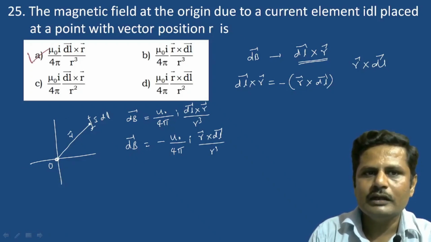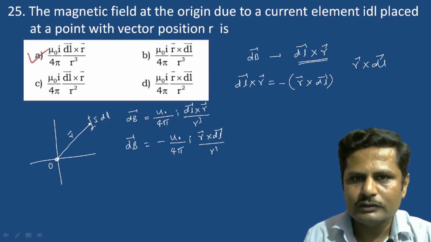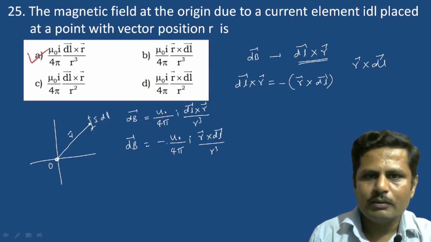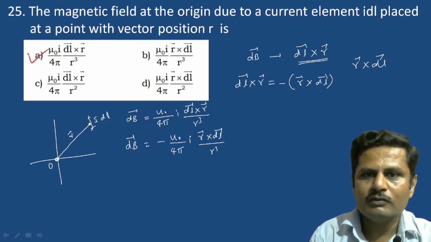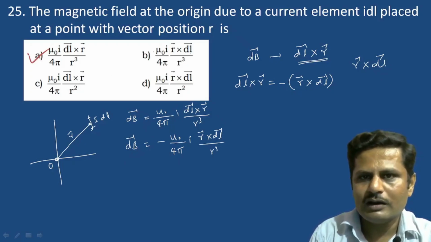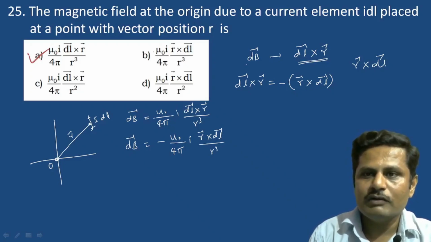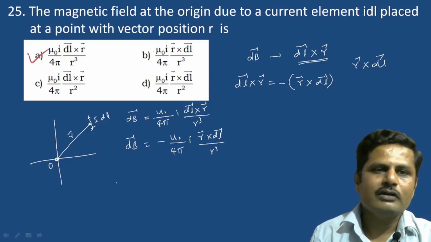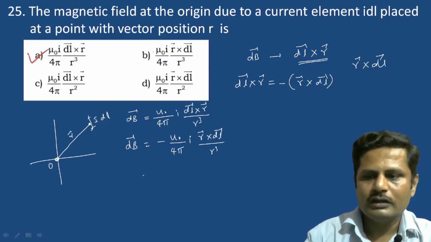So option A would be the correct answer for this question. Here, R cross dl divided by R cube is also correct, but there must be a negative sign. If there is no negative sign, this will not be correct. If they have given R cross dl, then there must be a negative sign because the direction of the magnetic field reverses. Okay, so let me go for the next question.